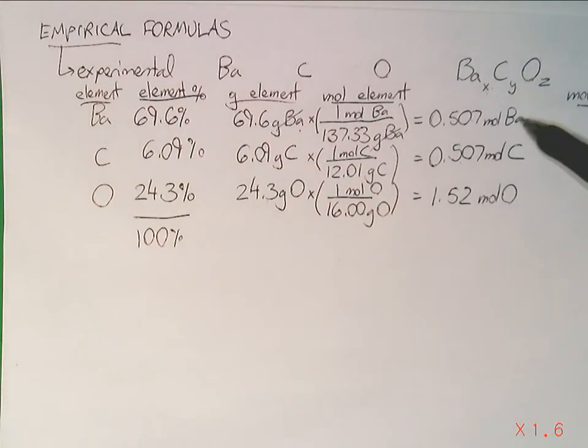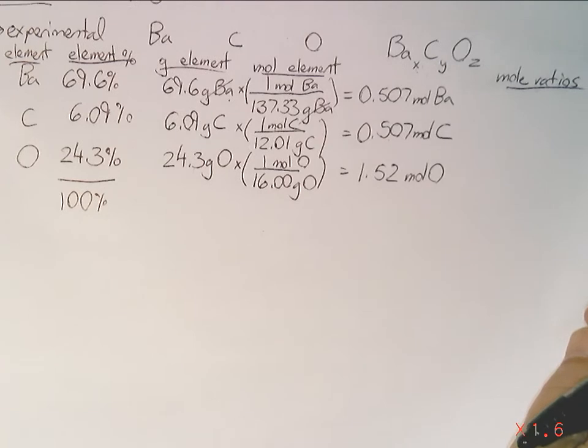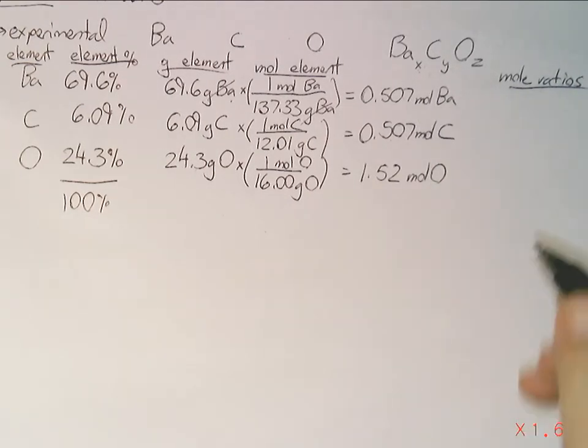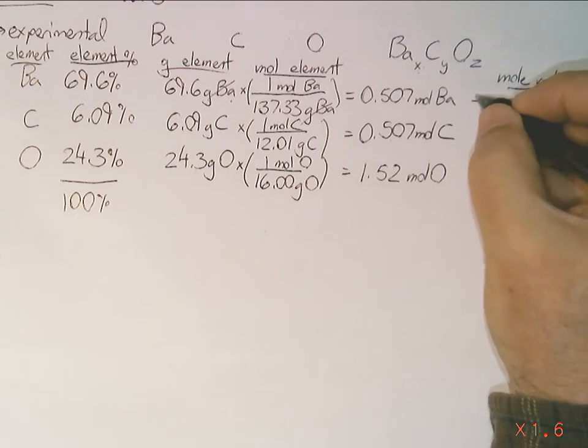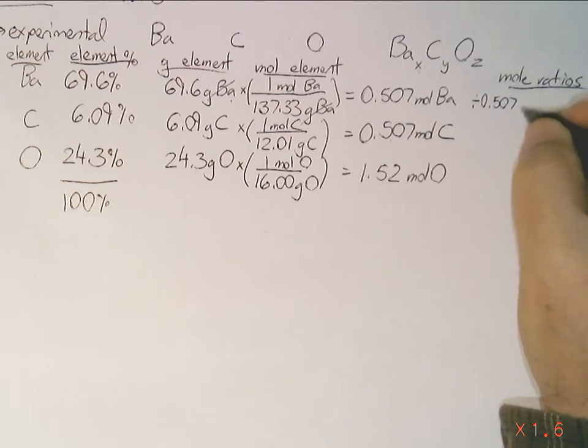by, let's look at this column, and let's pick out the smallest number in the column. Now, it can be either the 0.507 here or the 0.507 here. If I want to make a mole ratio out of this, I'm going to divide everything in the column by the smallest number in the column.